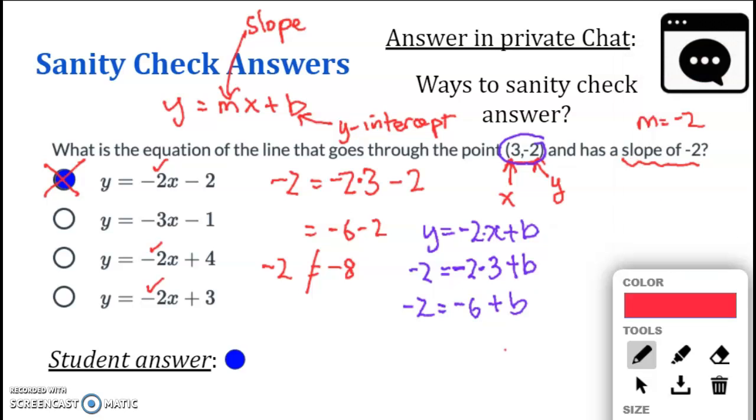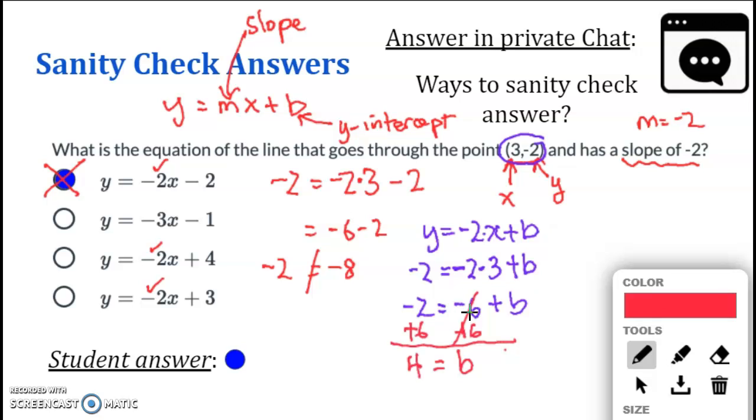Now I just want b. I don't want b minus 6, so I need to get rid of minus 6. How do I get rid of minus 6? I add 6 to both sides. And that goes away to 0, and you are left with just b on the right hand side. b is equal to -2 plus 6, which is positive 4.